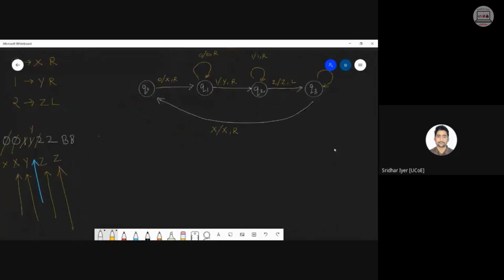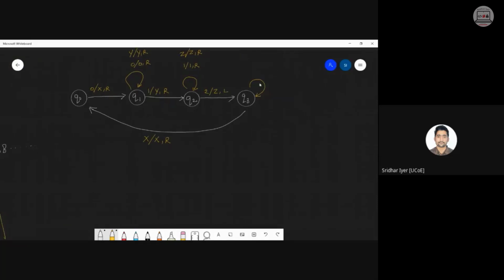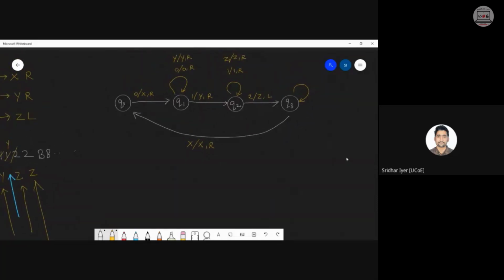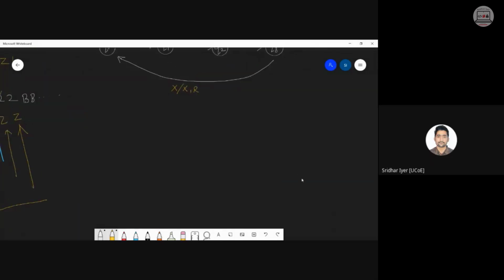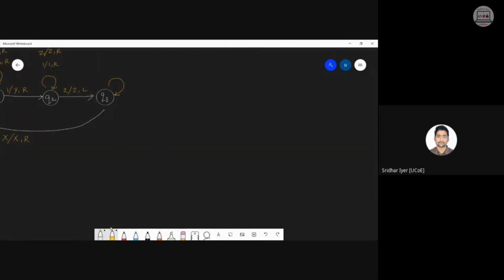Now, what we need to do is we need to add something to this loop. What is that something? Now, as you can see, while moving to the left, I'm bypassing everything, right? Sorry, 2, Z, 1, Y. I'm bypassing everything. Am I correct? Yes or no? I'm going till I find the X, right?